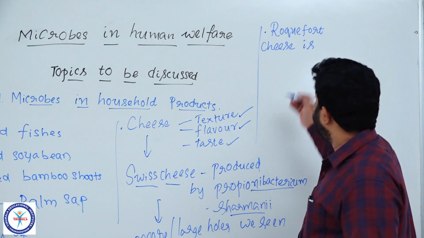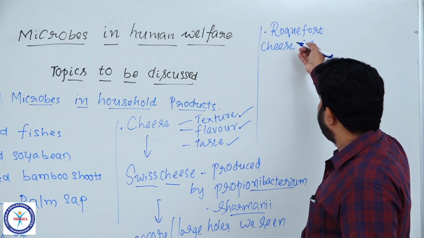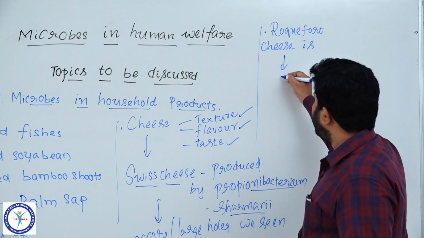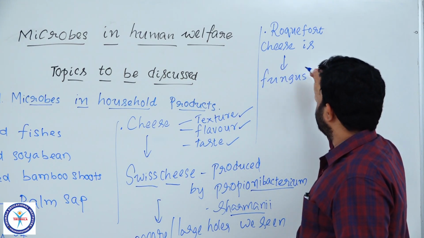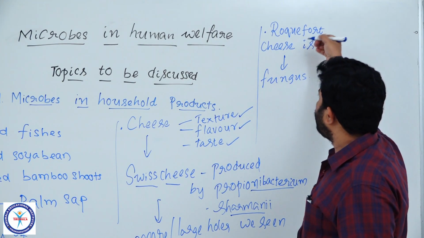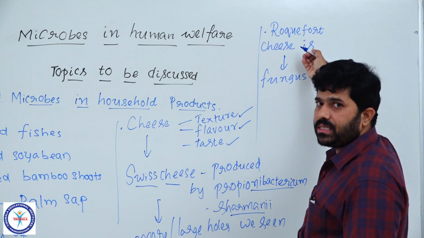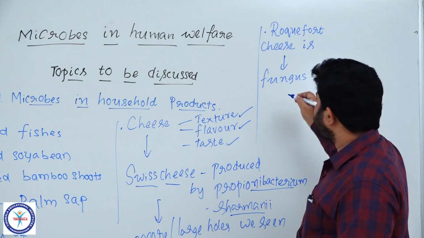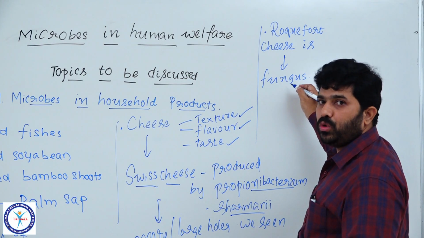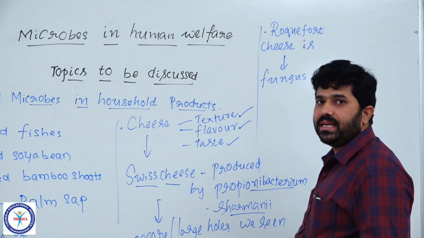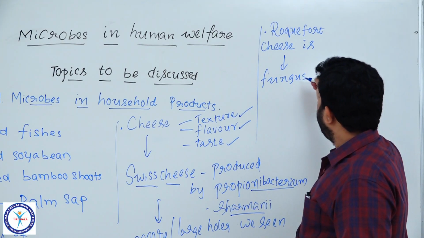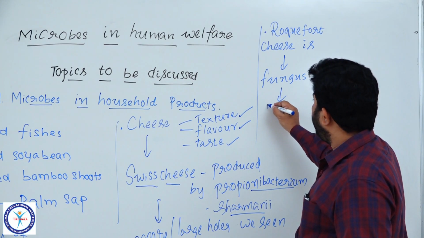We are growing a variety of microorganism called a fungus on Roquefort cheese. After the preparation of Roquefort cheese, if you grow some varieties of fungal members on it, it gives a very good flavor.